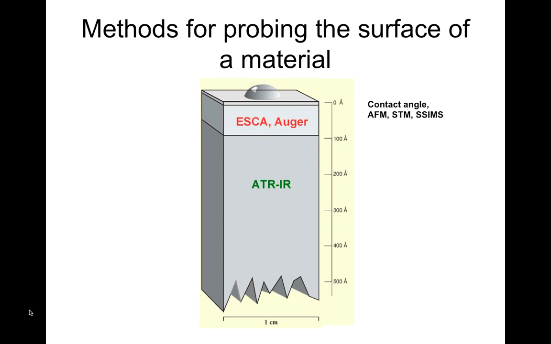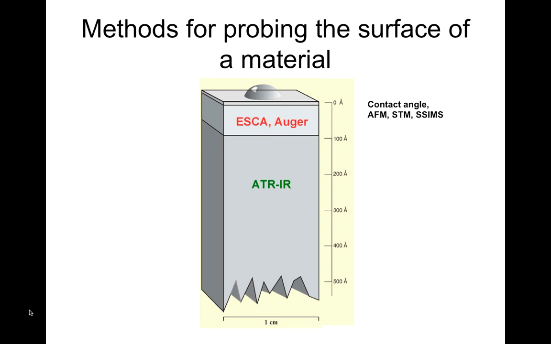However, it has a big drawback because at the same time as it gives you a lot of information that is basically on the top surface, it's very difficult to interpret. So contact angle is very important and it's simple and cheap, but it's difficult to interpret.